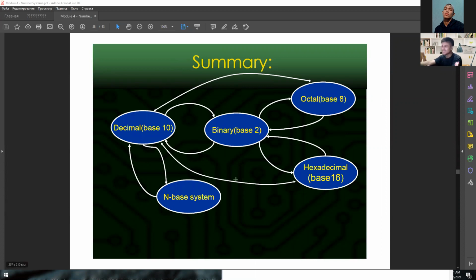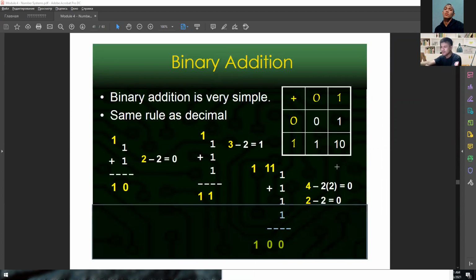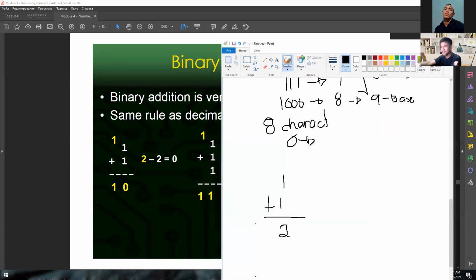All right. So going back to binary addition. Again, 1 plus 1 is 2, right? This is the normal way of solving addition. However, in binary we don't have 2, because it only has the values 0 and 1.